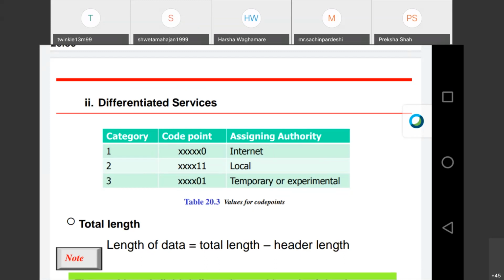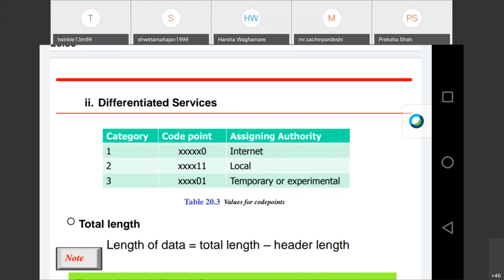From the 6 bits, 1 bit is used to identify the category, and the remaining are 5 bits. From 5 bits, how many services can you represent? 32. So 32 services are available for the internet. Again, for local, the last 2 bits represent the category. If the last 2 bits are 1 1, it shows local service. So the remaining bits are 4, and from 4 bits, 16 different services are available for local. Similarly, for the third one, temporary or experimental, 16 services are available.